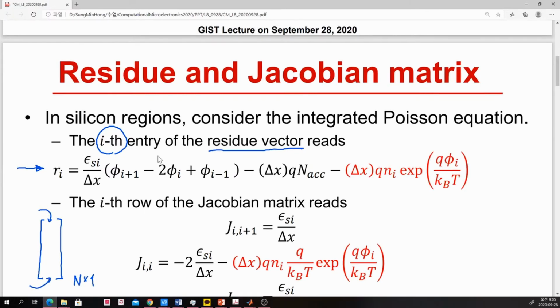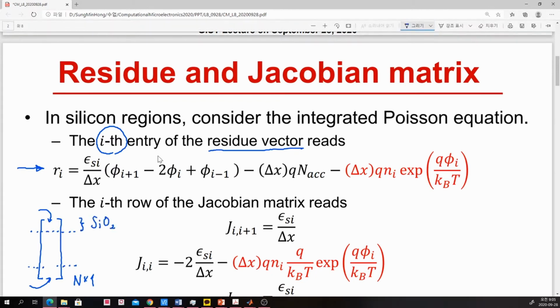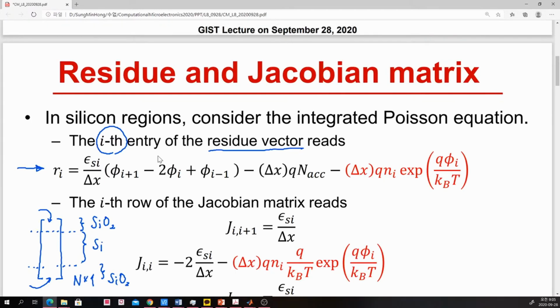In this specific example, the first few points are assigned to silicon dioxide, and the final few points are also assigned to silicon dioxide, and in between we have some points assigned to silicon.